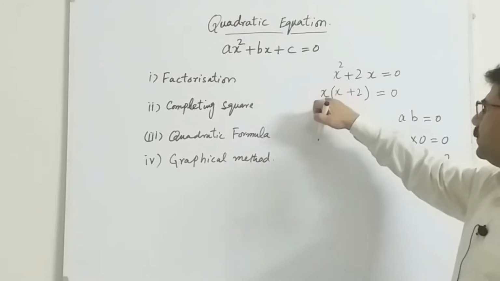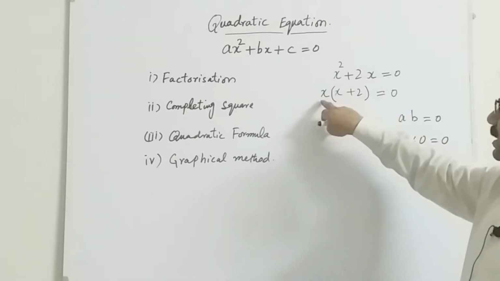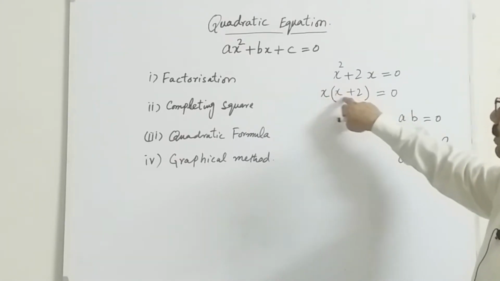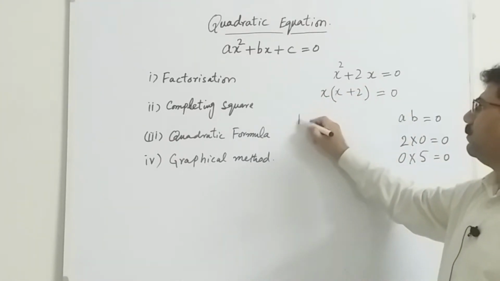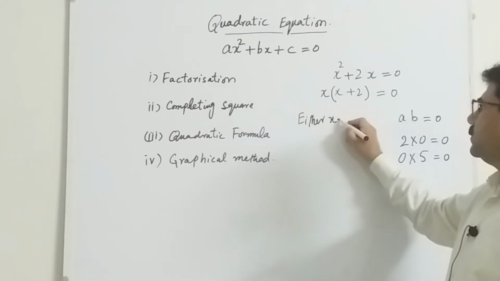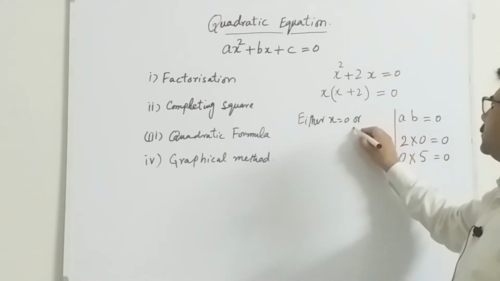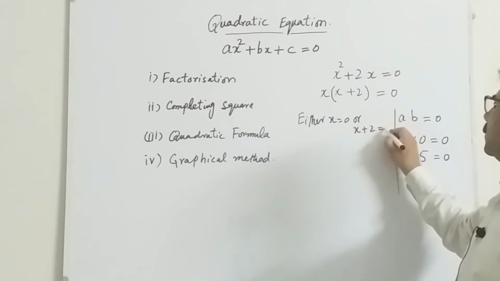Now the product of the two terms x and x plus 2 is 0. It means that either x equal to 0 or x plus 2 equal to 0. We will write either x equal to 0 or x plus 2 equal to 0.